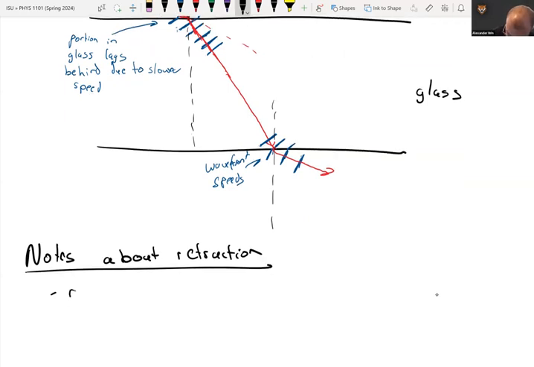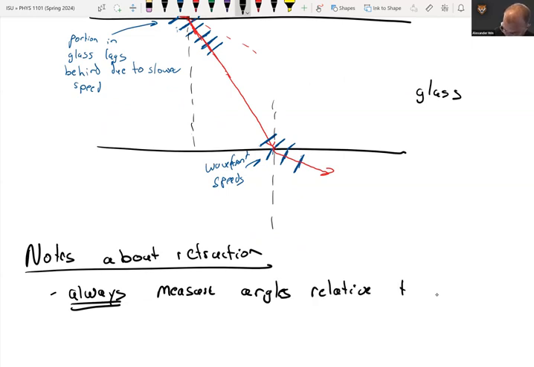One, always, and this is not negotiable, measure angles relative to the perpendicular. When I introduce Snell's law and we quantify this, I'm not going to derive Snell's law, but it is expressed in terms of angles relative to the perpendicular.